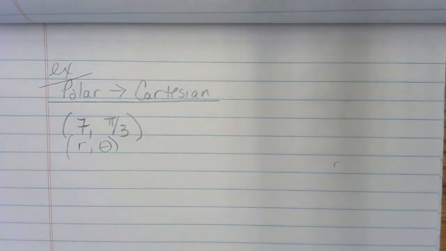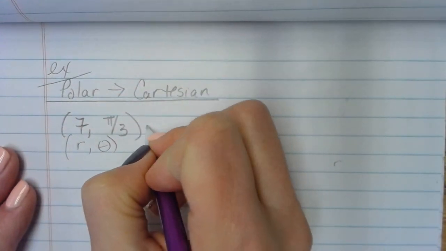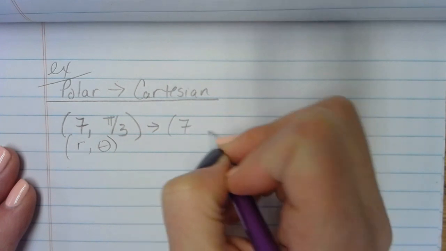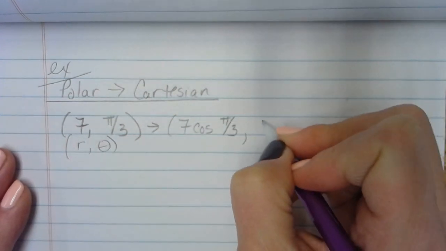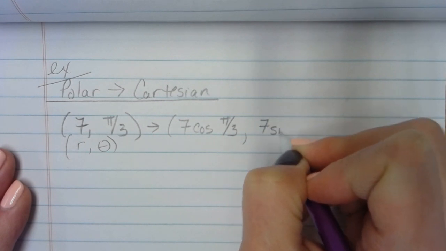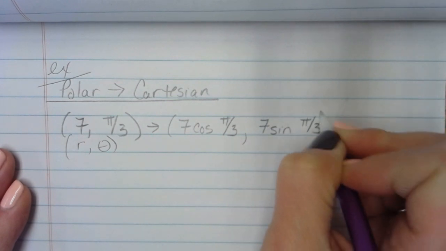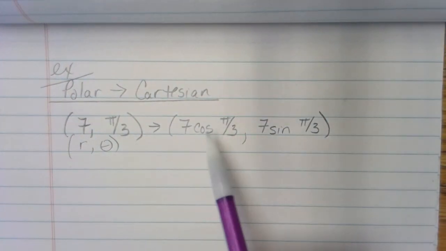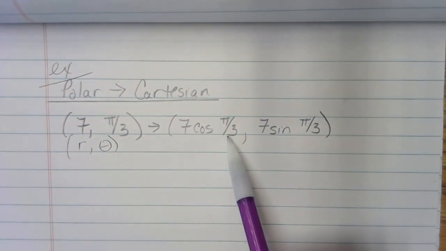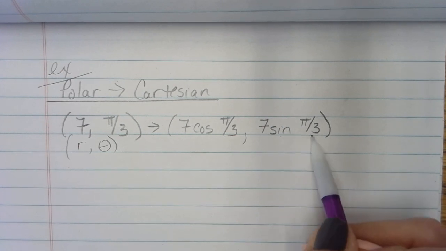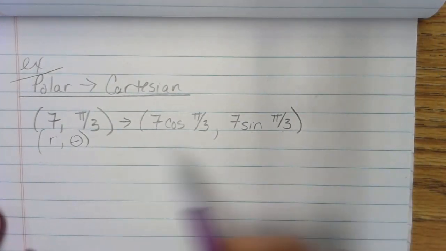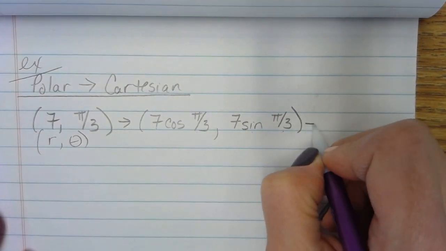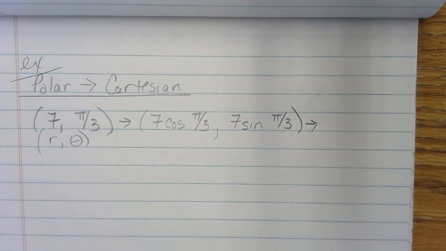Now we just get to set them up. That's going to be 7 cosine pi over 3, 7 sine pi over 3, because the x-coordinate is r cosine theta, and the y-coordinate is r sine theta. If these are unit circle angles, and this one is, it's standard practice to use your unit circle values.